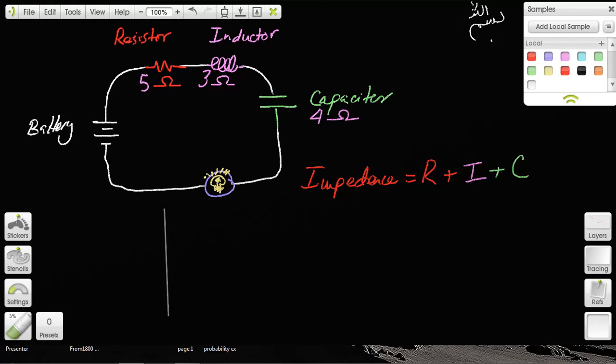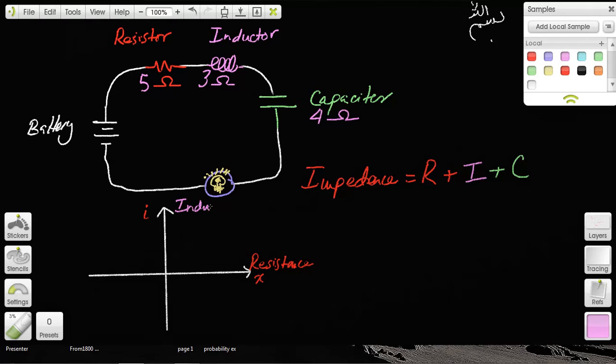So it's something slightly different. These are drawn on an imaginary plane like this, okay. And so this is I, and this is the X. Now resistance is drawn on the X-axis, and the inductance is drawn on the positive I-axis. Kind of helps because inductance is positive on the y-axis, and the capacitance is drawn on the negative I-axis.